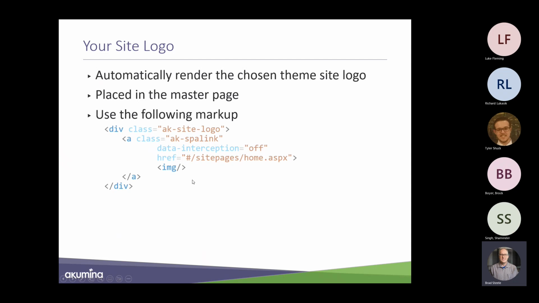So it's a great way to manage your general site logo. Also, while I have this open, anytime you have an anchor with a class of AKSPA link, you can have an href value in it like this, and this will automatically be fully qualified for your site. So it's a nice way to put a generic link in that gets formatted properly for your site. So you can add your site logo and any SPA link like that.